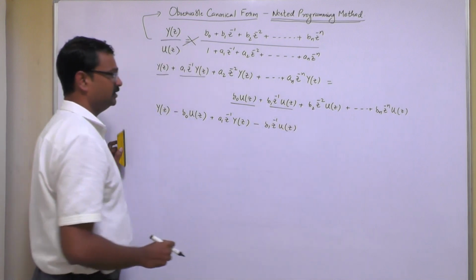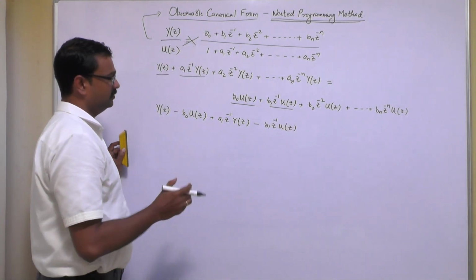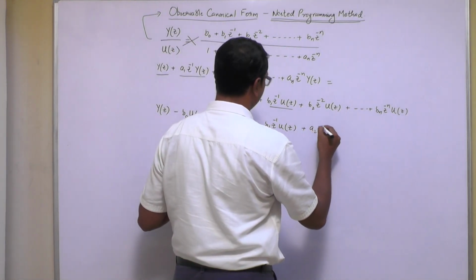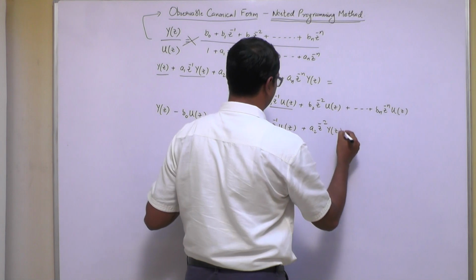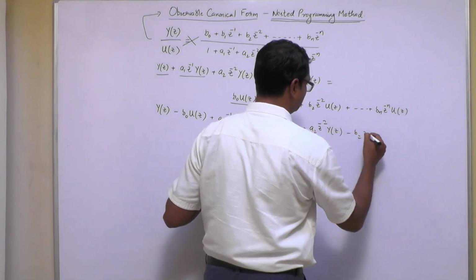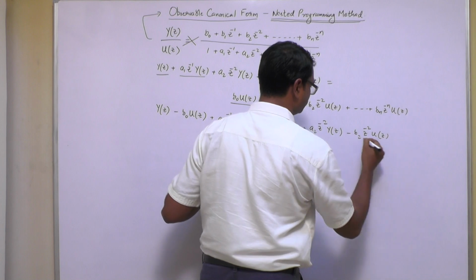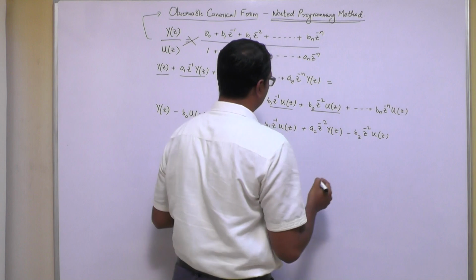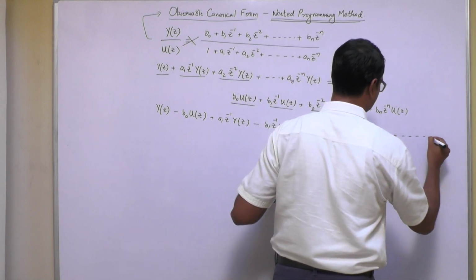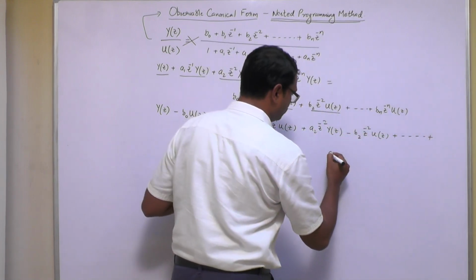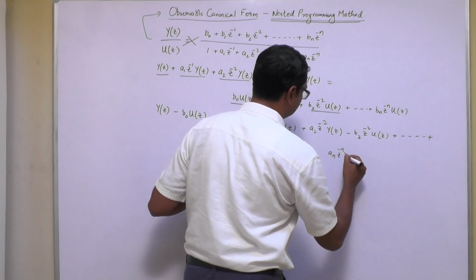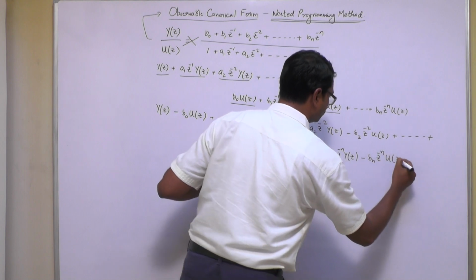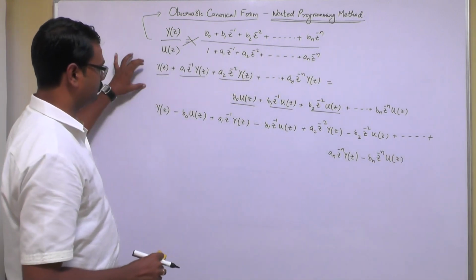I am trying to arrange all the similar powers of z at one place so that I can manipulate it to a great extent. Minus b2 z^-2 U(z). Right, so we have finished this, plus so on, plus an z^-n Y(z) minus bn z^-n U(z). Now this entire equation is brought down to this shape.